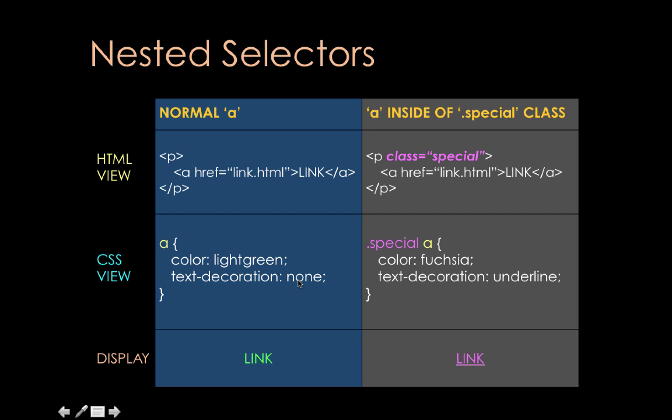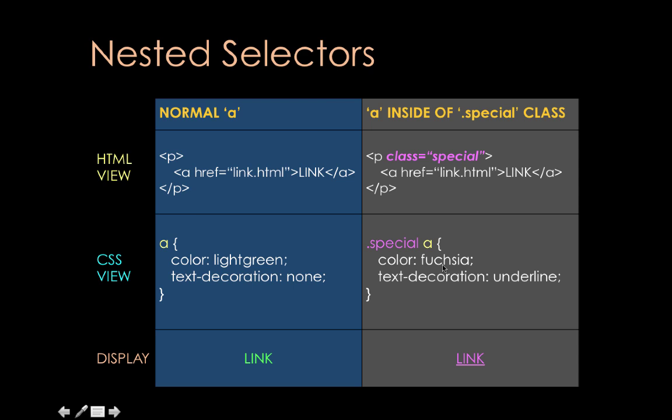Meaning there's no underlining. But on the right side, if you look at this nested selector rule, we have an instance of an A tag inside of a special class. And any instance of A tag that is found inside of a special class is going to get separate and different treatment. It's going to be fuchsia, and this time we do want text decoration. We do want it to be underlined.